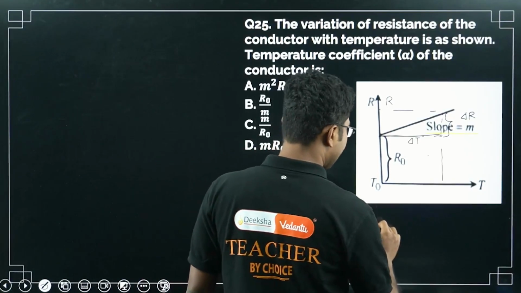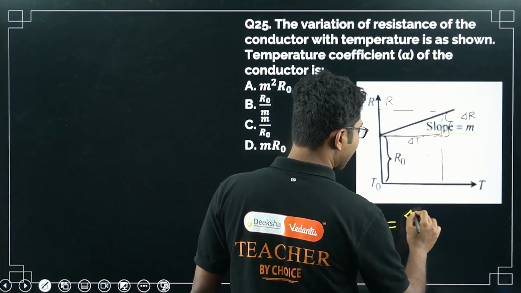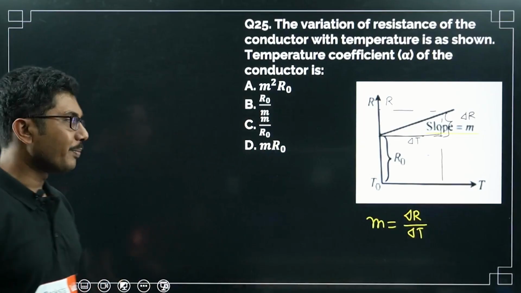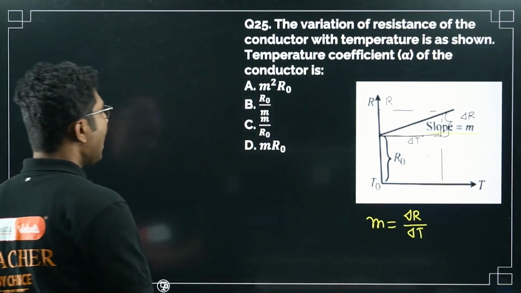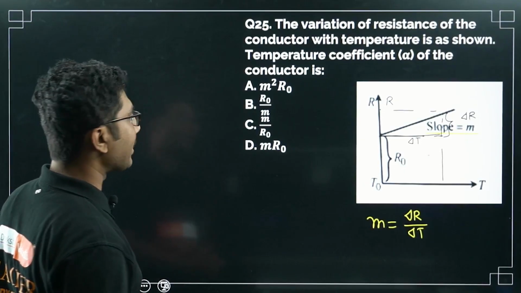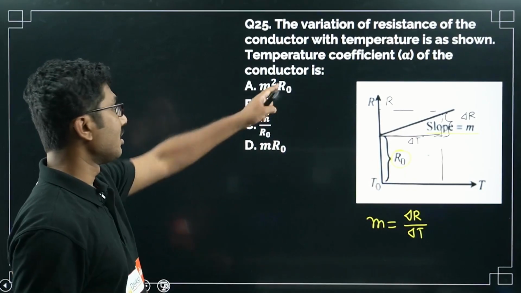Slope is basically delta Y by delta X. So in this case, delta Y is delta R and delta X is delta T. So slope is this, right? Now what is the temperature coefficient? We are trying to find the temperature coefficient. Also we need to use the value of R0, right?